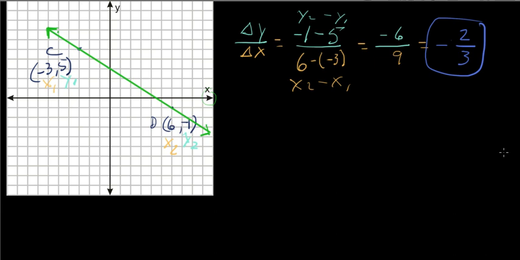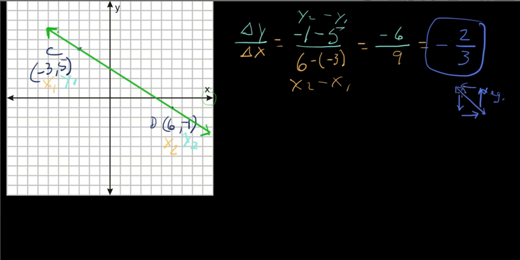Okay, and again, we were talking about, if it's going this way, it's a positive slope. Well, anything that goes downhill from left to right is going to be a negative slope. Okay, because either you're going minus and plus, or you're going plus and minus.